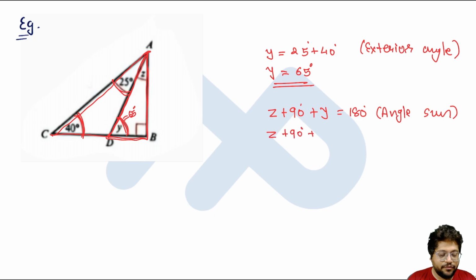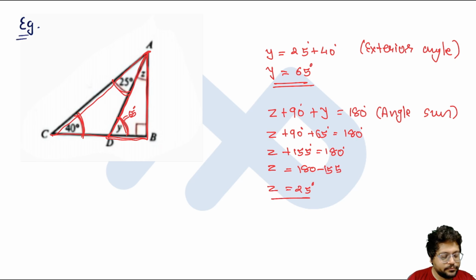Z plus 90 plus 65 is equal to 180. Now my task is to make Z the subject. Now first 90 plus 65 is nothing but 155, and now I'll throw that 155 opposite to this equal to sign. So Z will be 180 minus 155, that is 25 degrees. Clear? So I just found Y and Z like this.